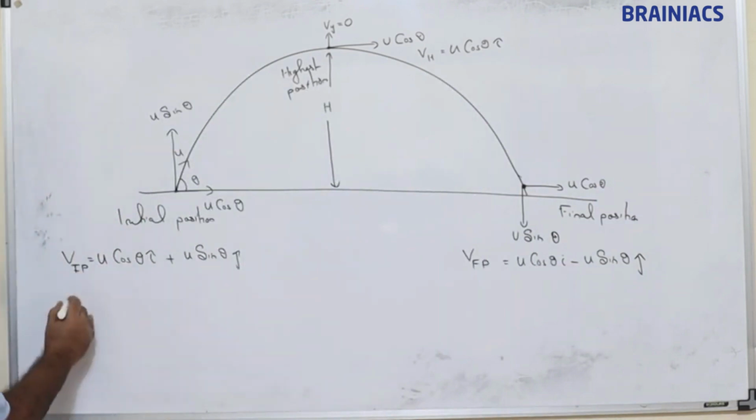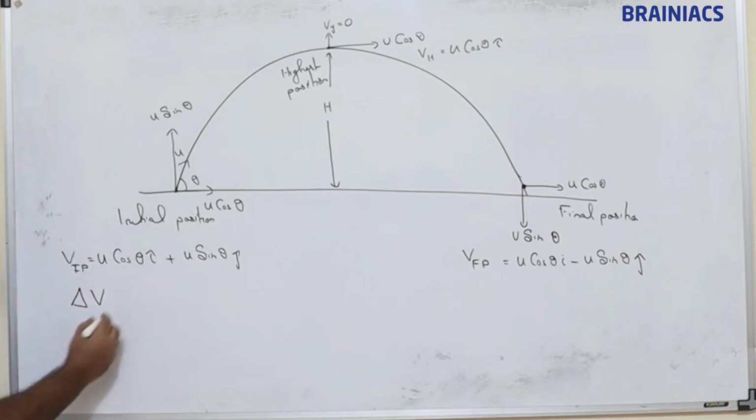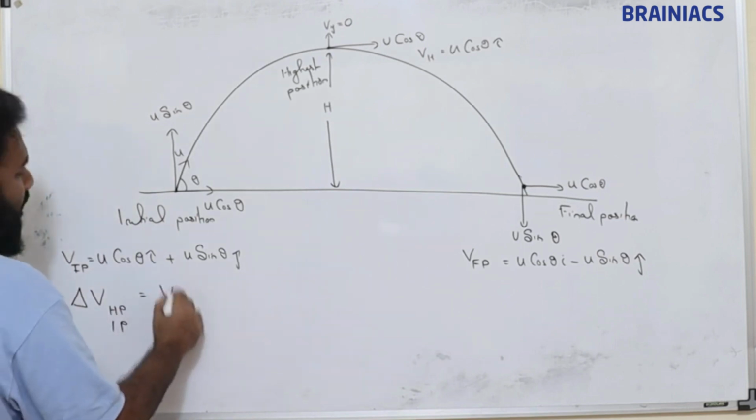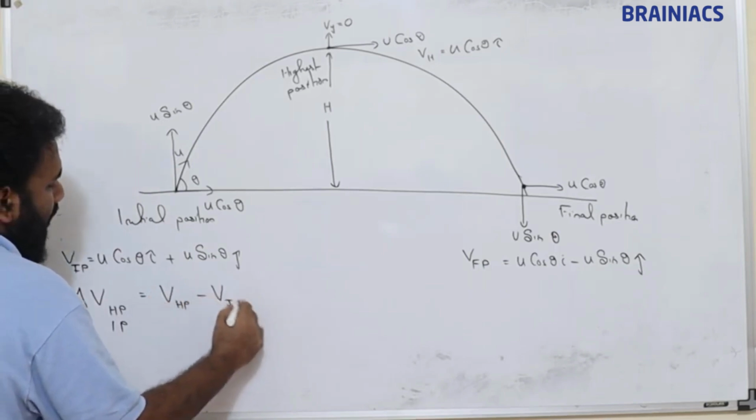Now if we write the change in velocity between the highest point and the initial point, I can write the velocity at the highest point minus the velocity at the initial point.